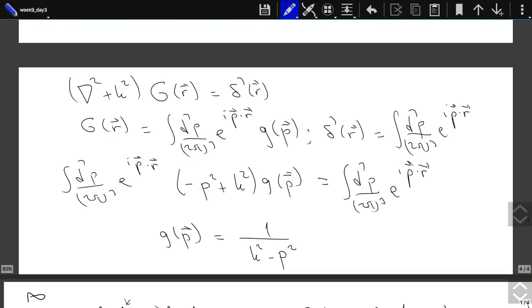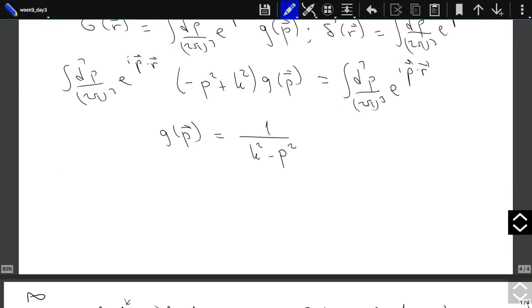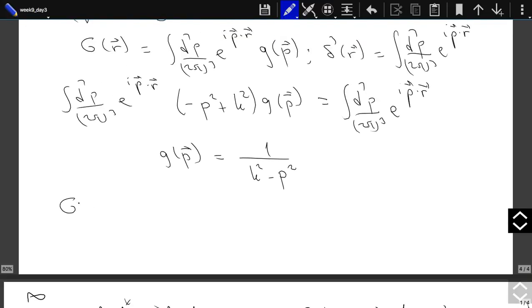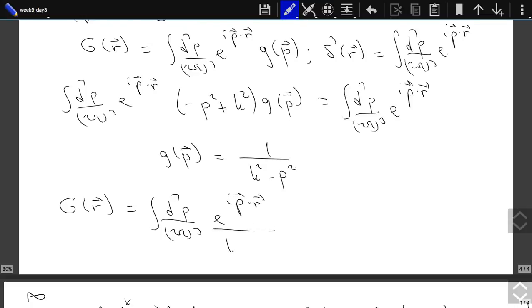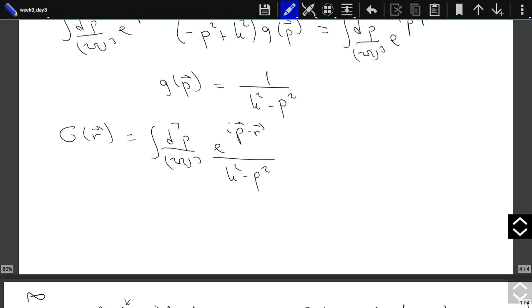So now we can go back to our coordinate space. So g of r is equal to the integral d cube p over 2 pi cubed, e to the power i p dot r, over k squared minus p squared. Well, it looks fine for the time being. Let's do some of these integrations. Now we can just assume that in the integral r is just a constant.